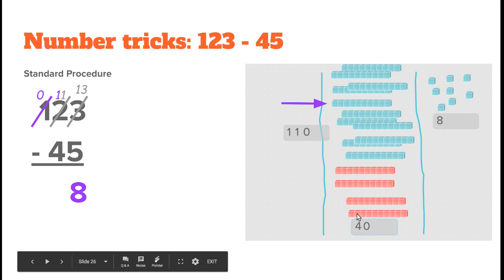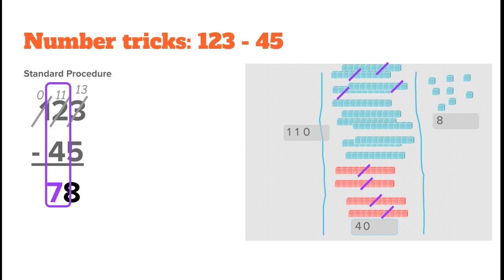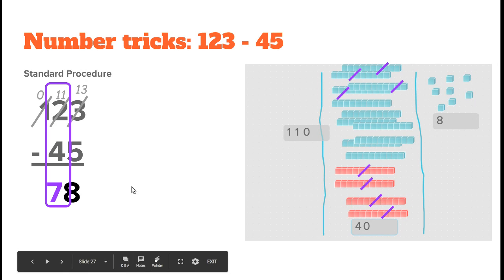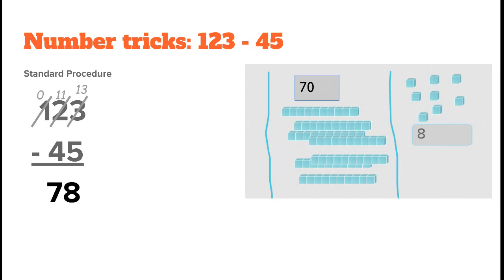I've got 4 tens on my subtrahend, which is my 4 down here. And just like before, I can get rid of 4 from the minuend, 4 from the subtrahend, leaving me with 7 overall. And at that point, I'm actually out of red tiles, and so I know that I'm done.